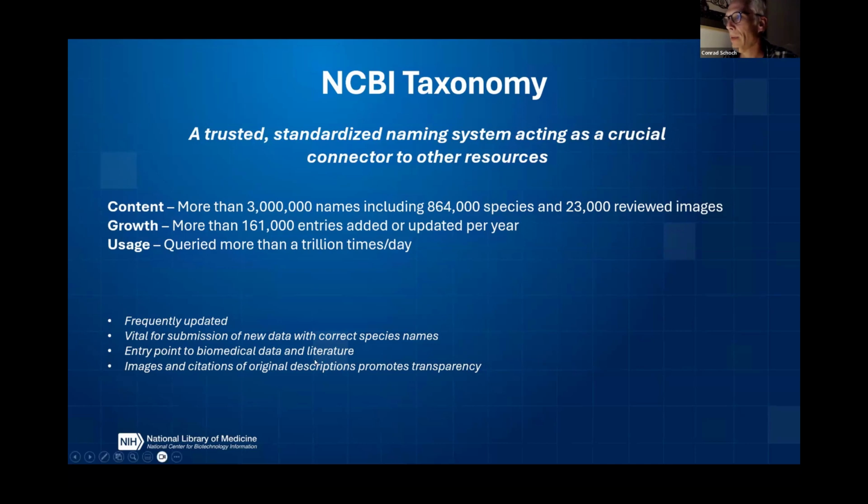So we have this amount of names, and then we have more than 23,000 images that we hope to extend as we go along, so that at least most of our profile pages could have good images. Those images, again, should not be diagnostic, but they should give people a sense of what the species is. And then we grow at quite a reasonable clip. It's queried a lot.